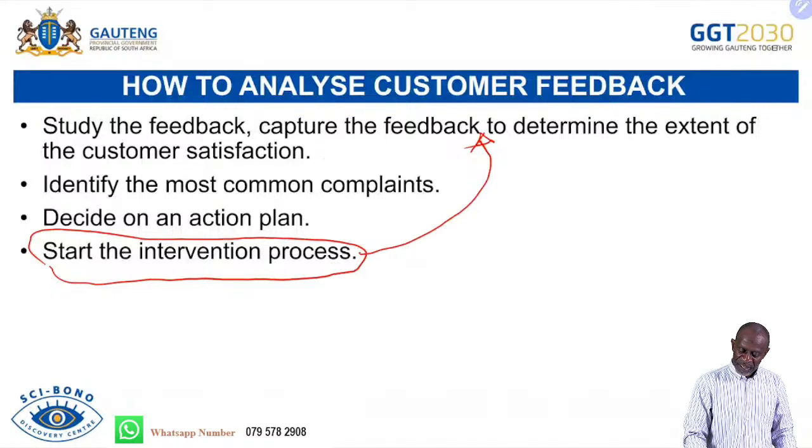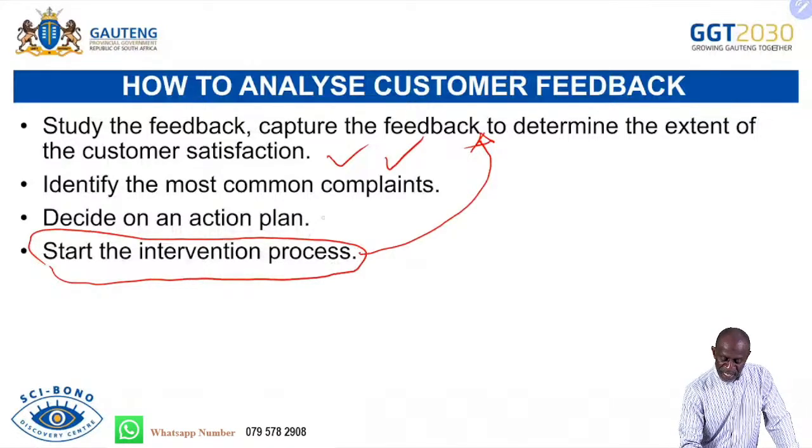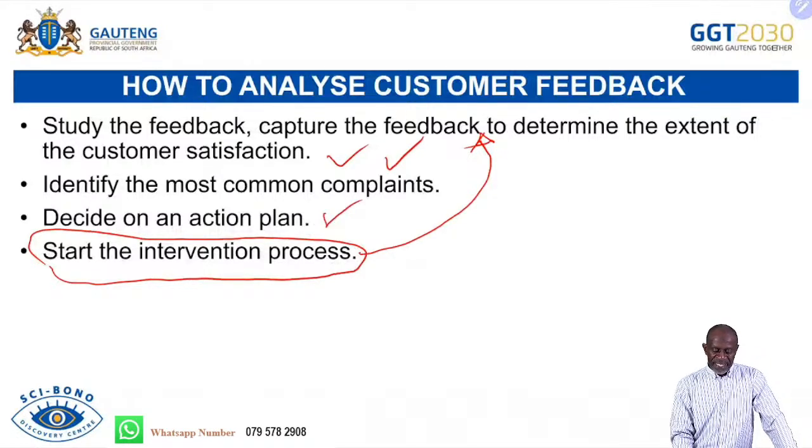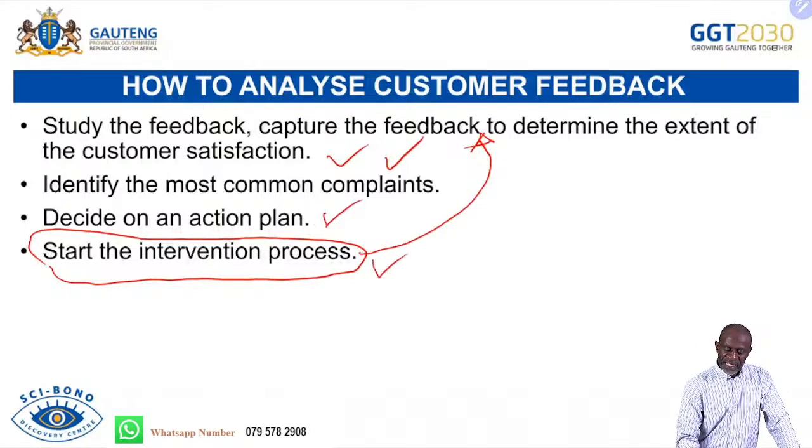You must first study the feedback, identify the common complaints, then it is followed by decide on an action plan, and the last step should be where you'd start intervening, where you'd start addressing the problem presented with.